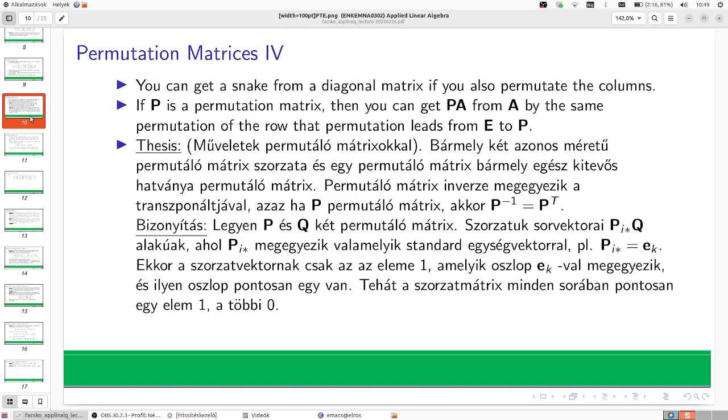That permutation of the rows leads to A from P. I mean, well, I demonstrated. So you change the rows in the A matrix and also in this identity matrix.